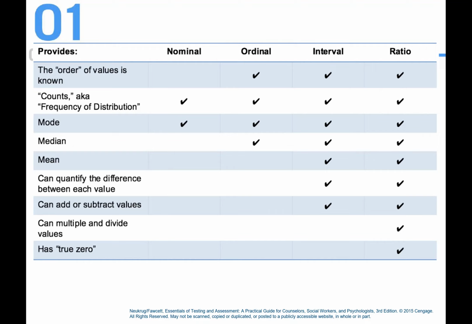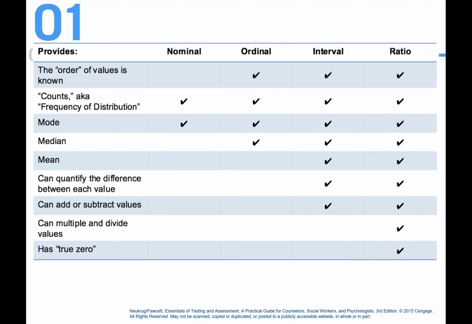Or eye color. If green eye color in comparison to brown eye color, there's no order to those categories. They're just categories. So nominal doesn't order things, which we knew from our definition of it. But an ordinal scale of measurement does order values as well as interval and ratio, all right?